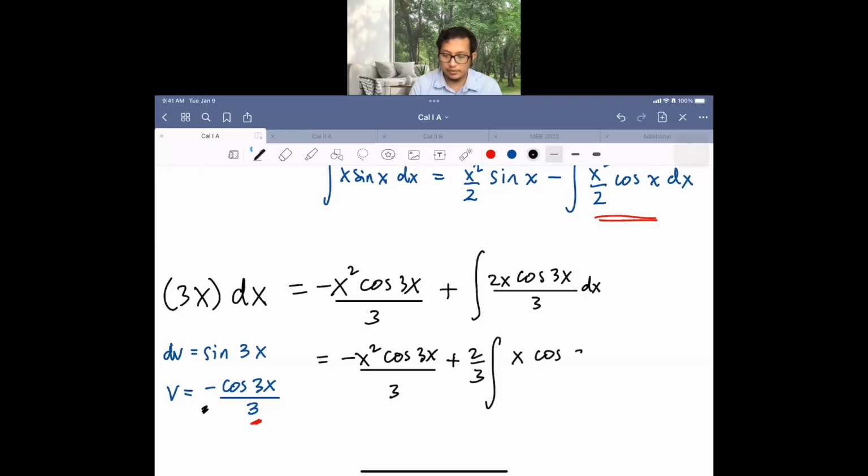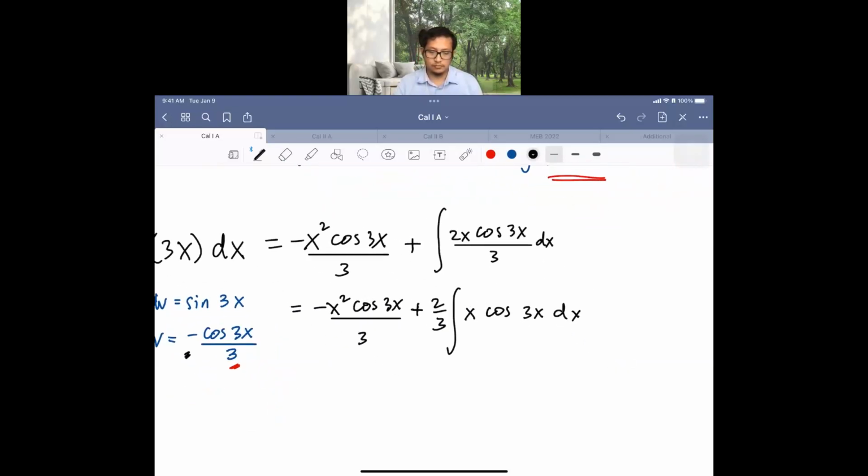So we will have another integral, x cosine 3x dx. Now we still have this, and it's still the same structure as before.